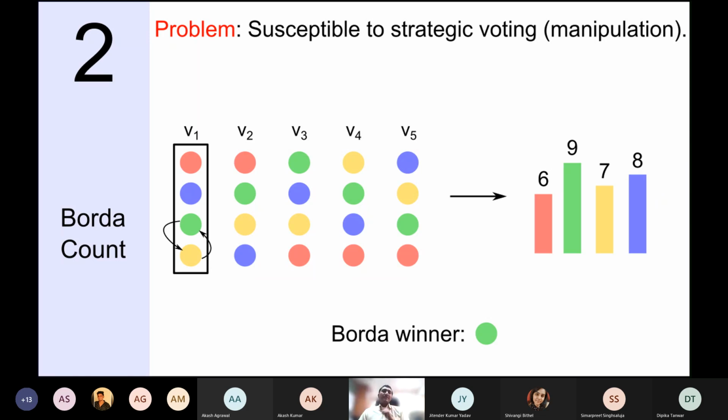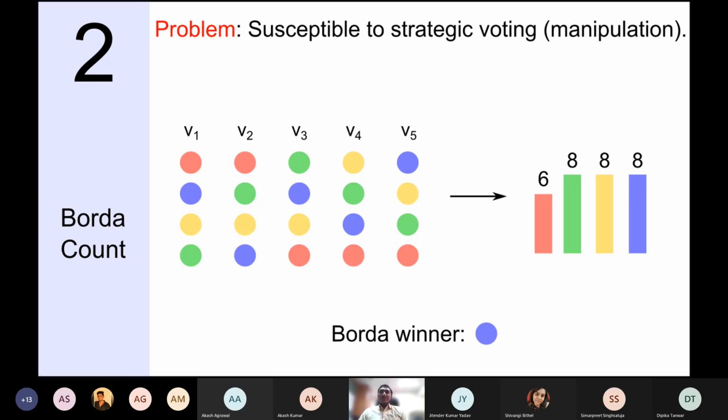So the ballot it reports is slightly different from its original preference. And lo and behold, now there is a tie for Borda scores. Green, yellow, and blue all have a Borda score of 8. If you use the lexicographic tie-breaking rule that I pointed out earlier, because blue is earliest in the dictionary order, blue ended up being the Borda winner.